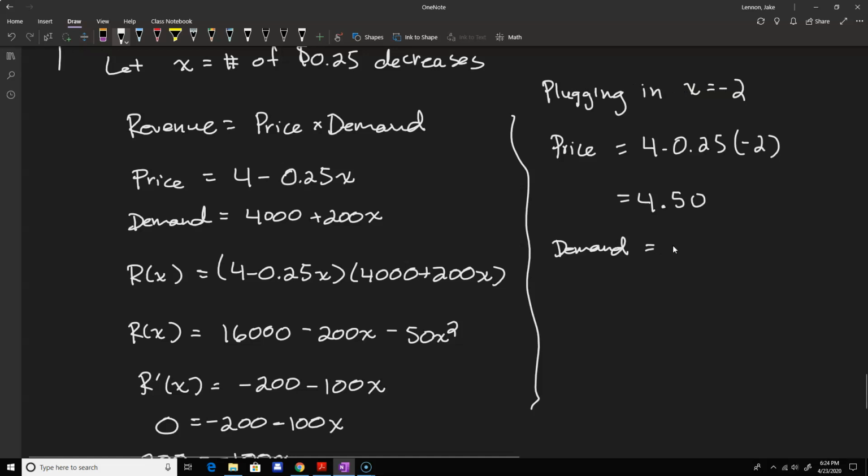We get our demand, which is 4,000 plus 200 times negative 2, which comes out to 3,200. So our revenue is just our price, 4.50, times our demand, which is 14,400. So optimal revenue under these conditions is 14,400.